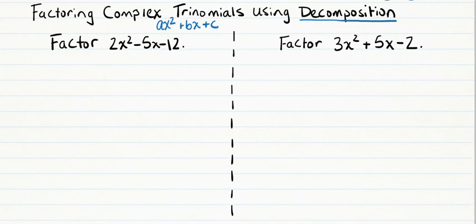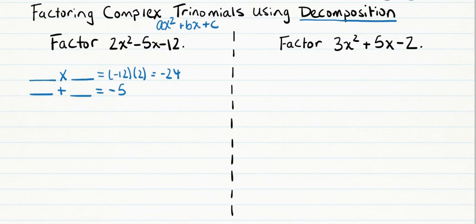The first thing we're going to do is look for two numbers that multiply to equal not just negative 12, but negative 12 times this 2. So negative 12 times 2 is negative 24. So we want two numbers that will multiply to negative 24, and those same two numbers need to add to give this middle term, negative 5.